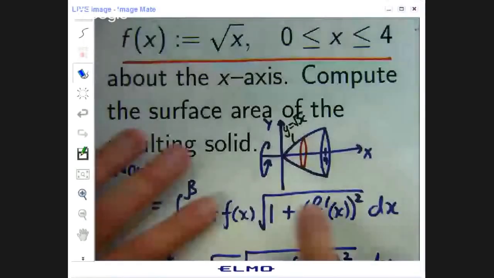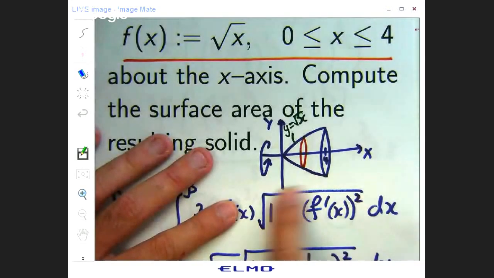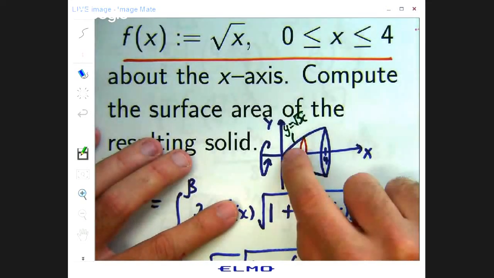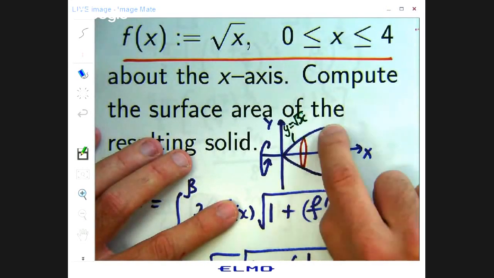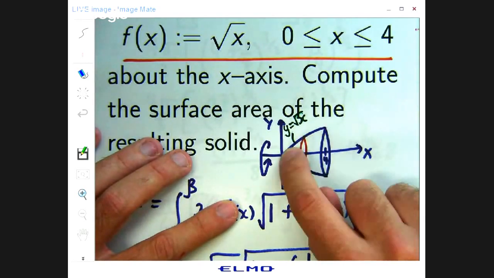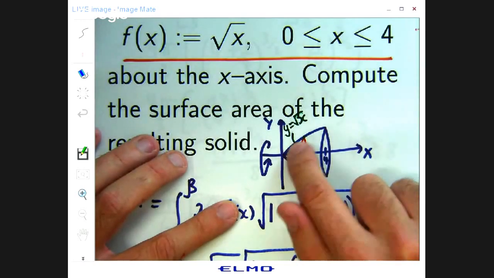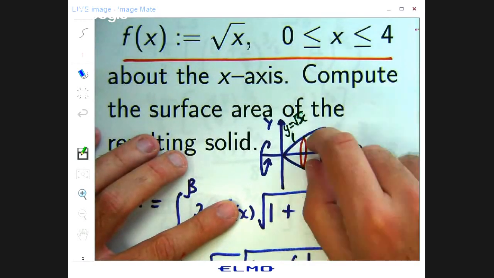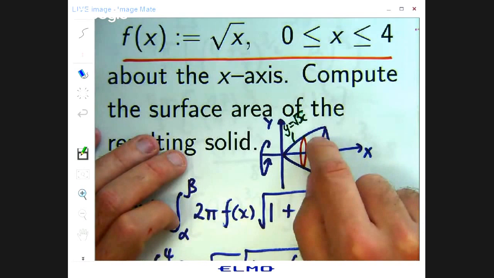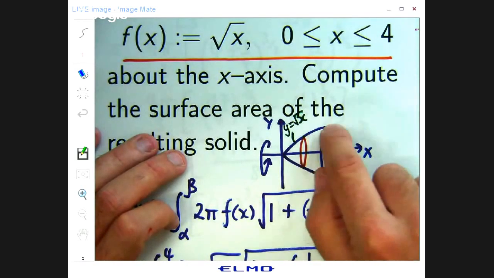If you have a circle with radius y or radius f of x, 2 pi f of x is the circumference of the circle, okay? And what's this? Well, this essentially gives you the length of that curve, like an arc length, okay? Again, I'm speaking quite loosely here. So you've got circumference and you've got arc length.